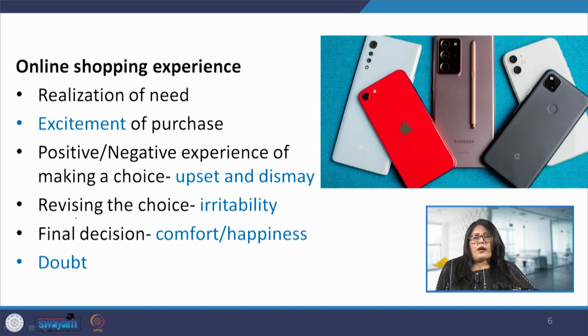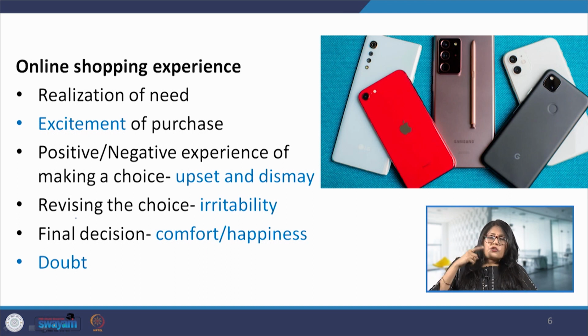And when I make my final decision after all, then there is a relief, a feeling of happiness that okay, finally I have made the choice, and I go through the steps of payment. And once I pay, maybe the feeling of doubt may overcome me that maybe the other product was a better one and I should have bought that.